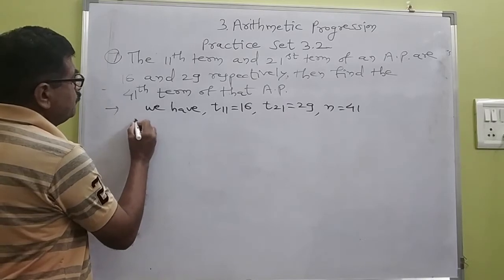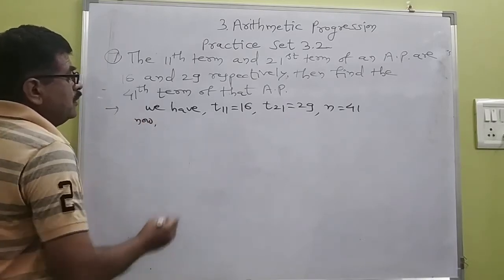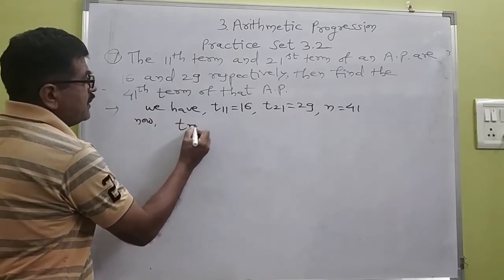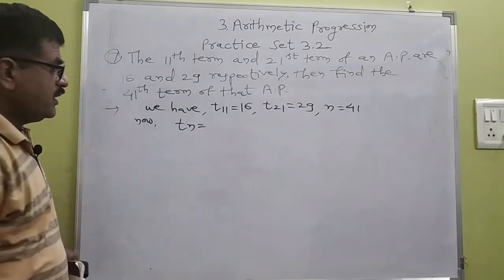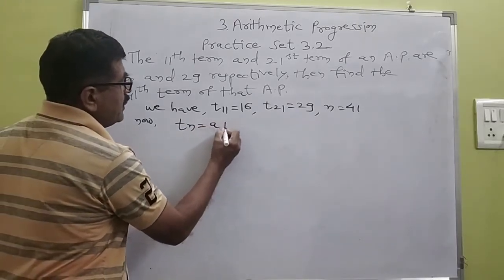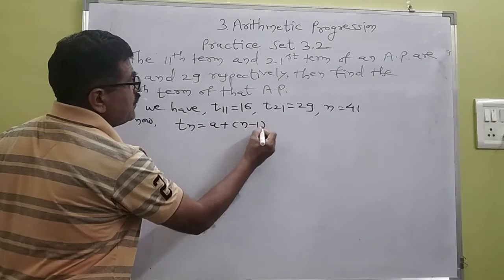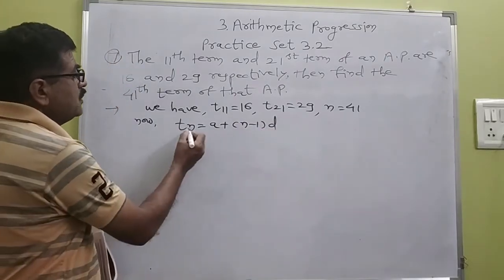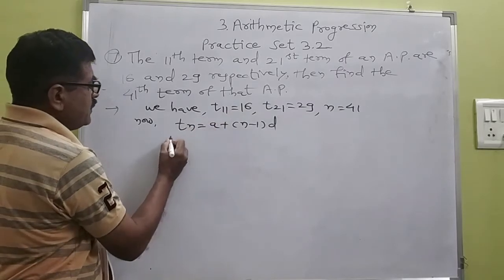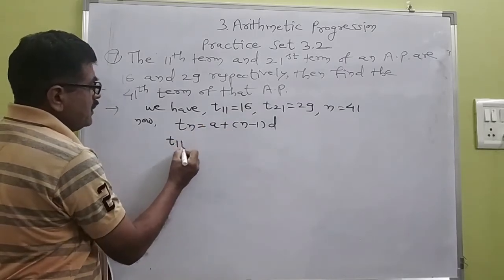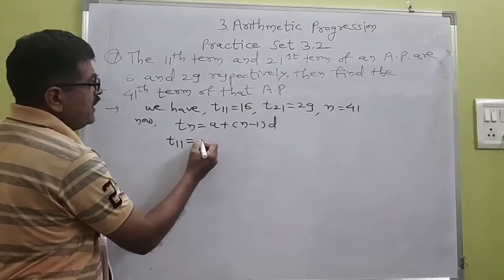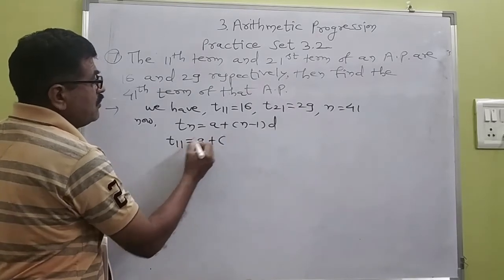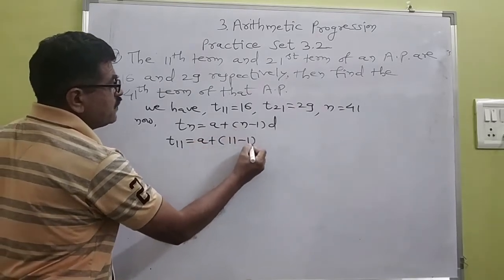Now write down the formula: Tn is equal to a plus n minus 1 into d. Now put values. First put the value of n as 11. T11 is equal to a plus 11 minus 1 into d.